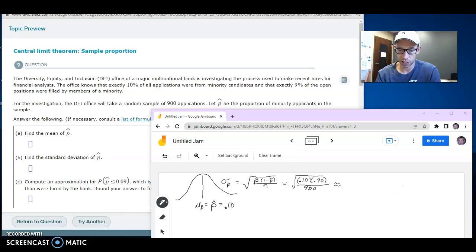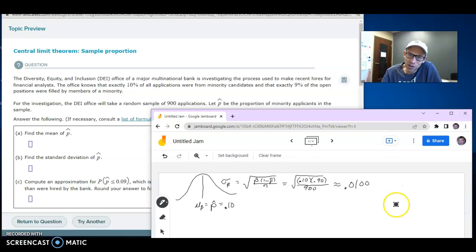This would be the square root of 0.1 times 0.9 divided by 900. You should get 0.01 there, and that's not rounded, so that does continue out by a couple places if we wanted as many as we want, actually.